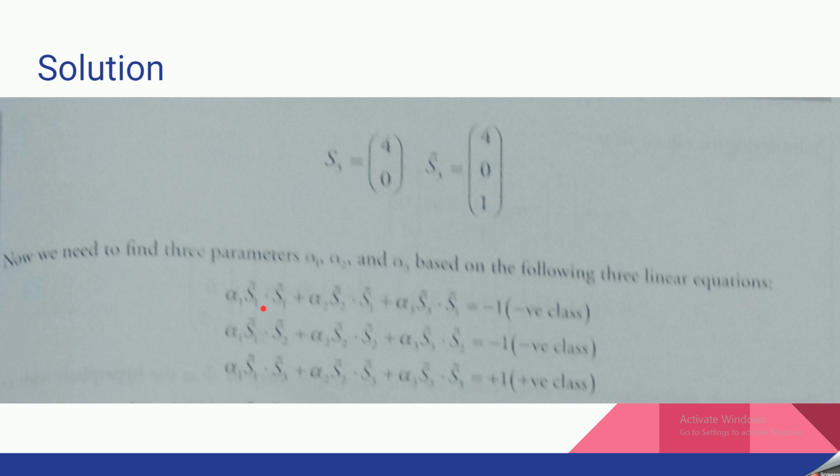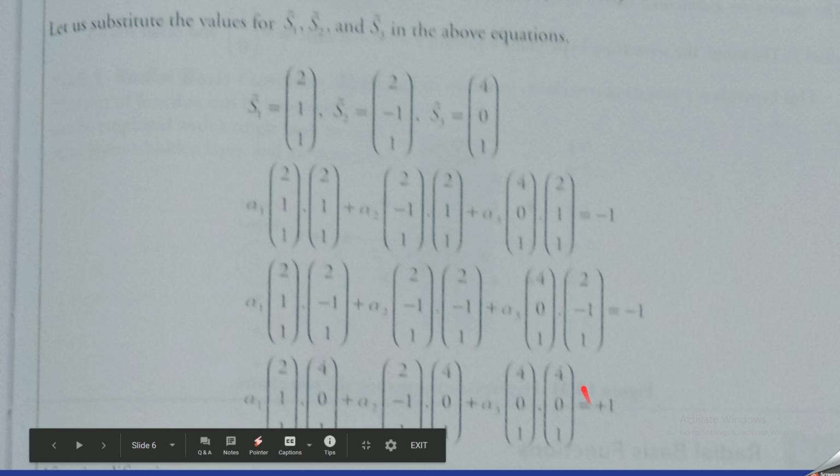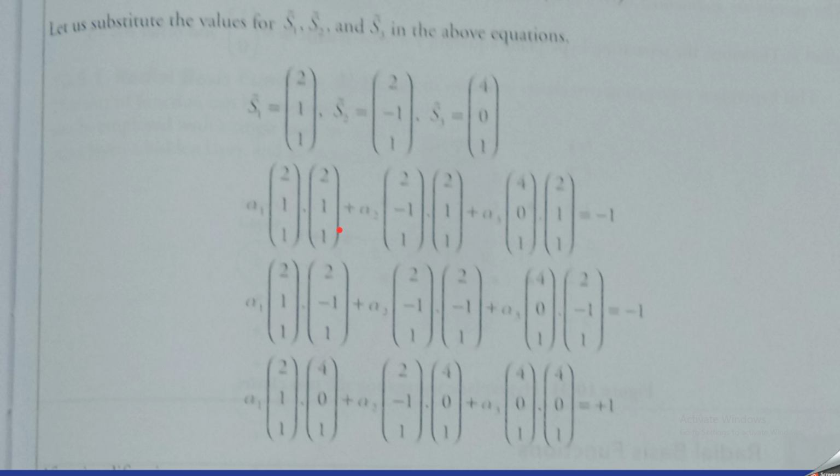We know all these values, so we simply substitute the values in place of S1 dash, S2 dash and S3 dash. And we have equated S1 and S2 to -1 and S3 to +1.